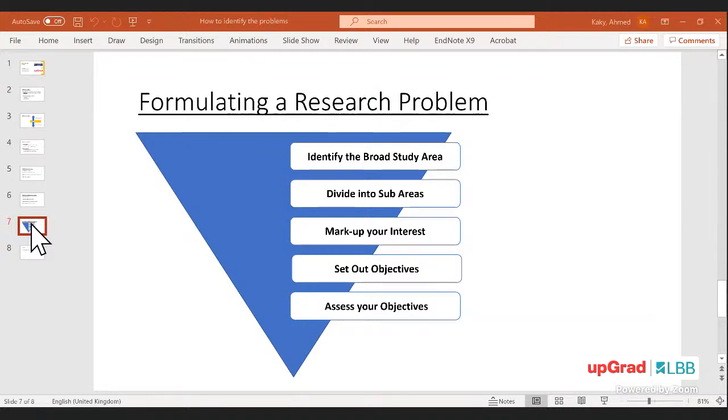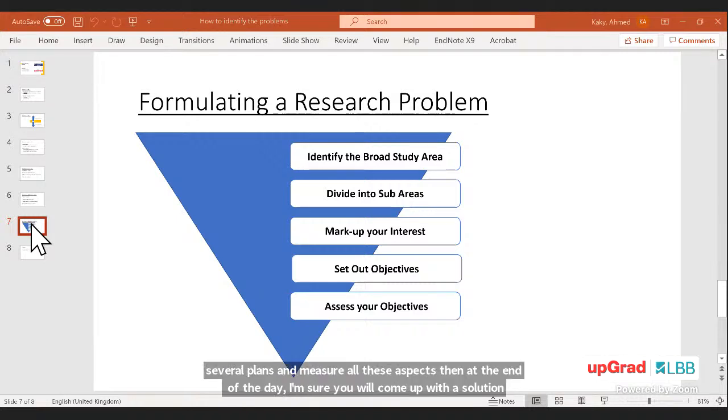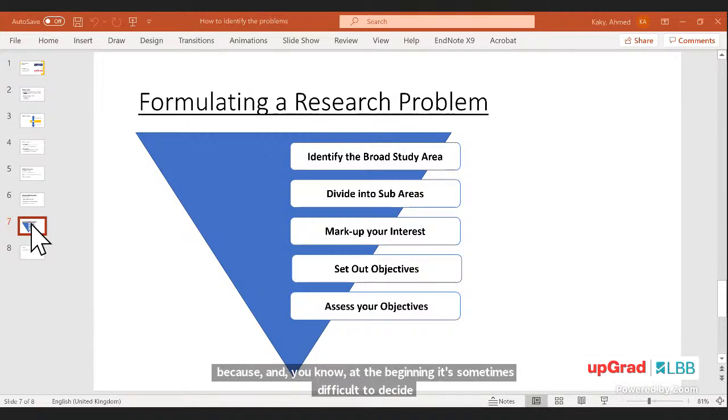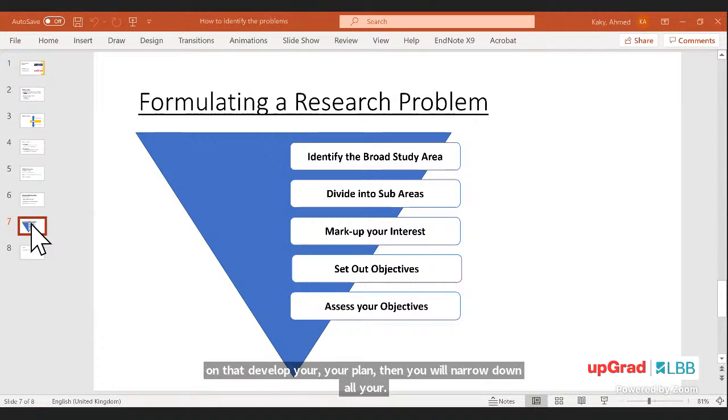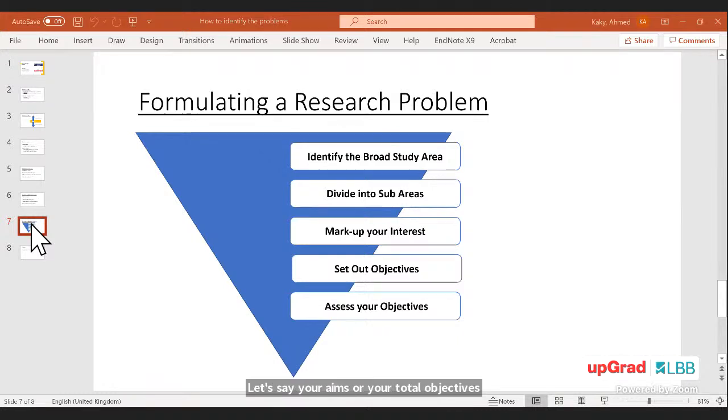At the end of the day, I'm sure you will come up with a solution, because at the beginning, sometimes it will be difficult to decide where to go and what to do. But keep working on that, develop your plan, and then you will narrow down your aims or your total objectives. Then you will end up with a prototype that you could achieve in 6 months.